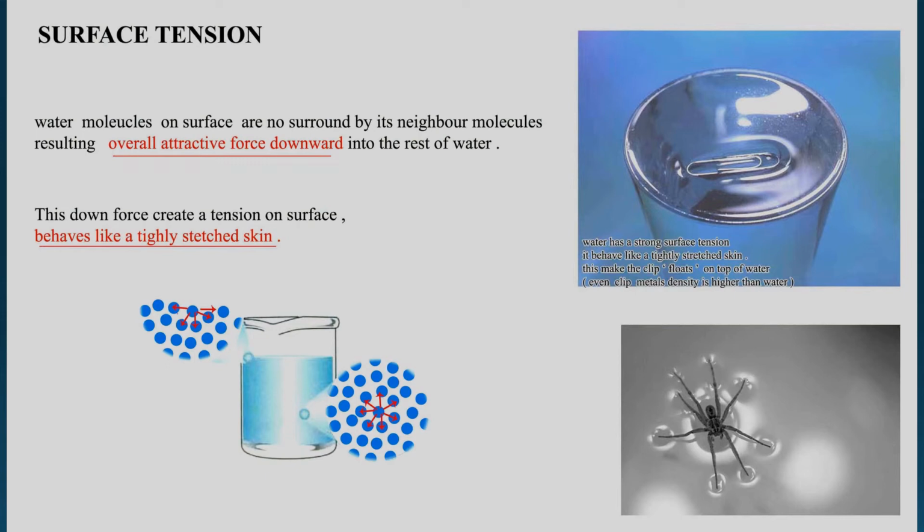It is sitting on the water surface without breaking the bond. So it did not break the surface tension. You can see this clip does not get wet. It is sitting on the surface of the water.